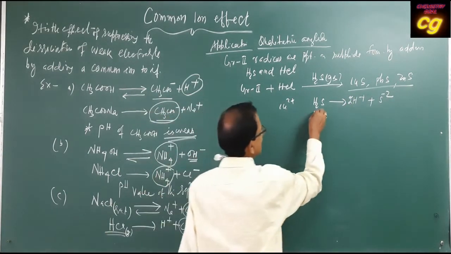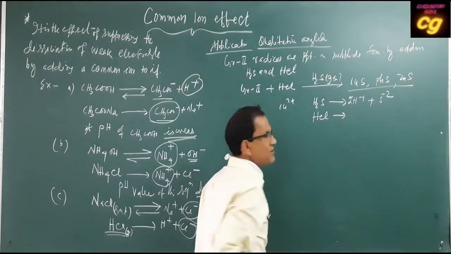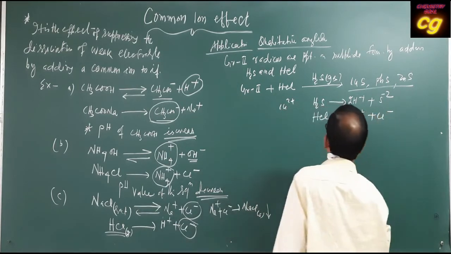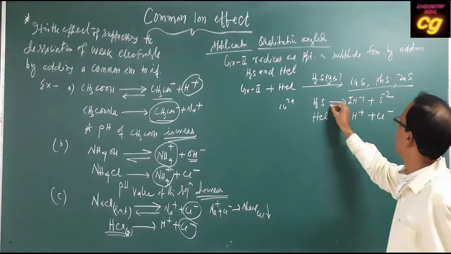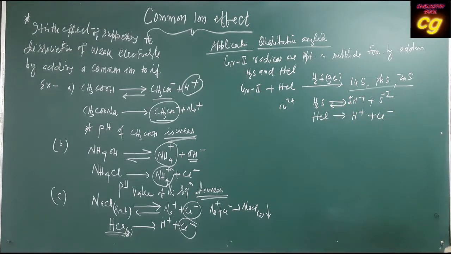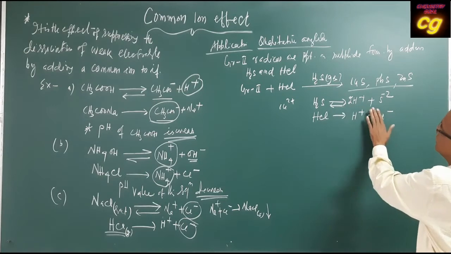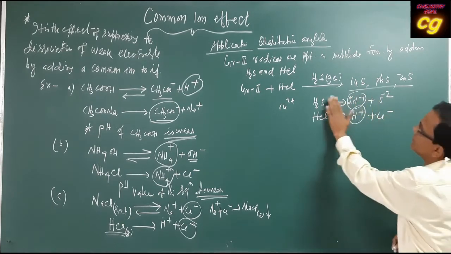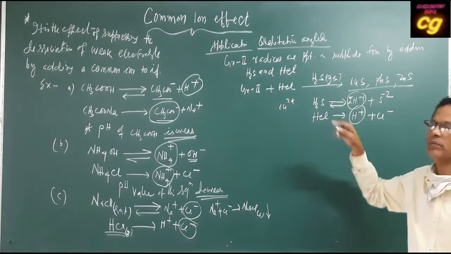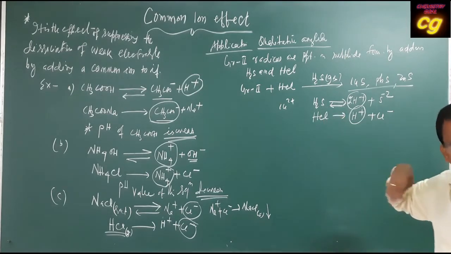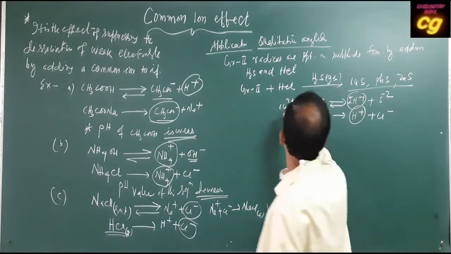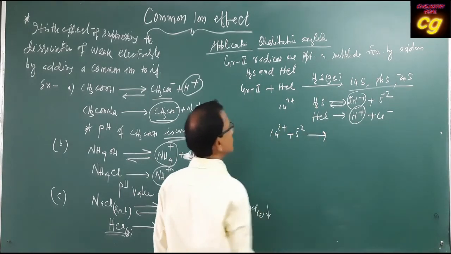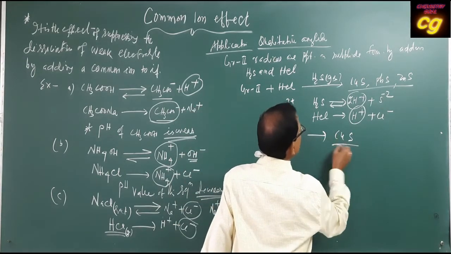But when you pass HCl, it produces H+ ion and Cl- ion. As H2S is maintained in equilibrium, as H+ ion concentration increases, the equilibrium shifts in the backward direction, forming H2S. Then copper ion combines with sulfide, forming copper sulfide as precipitate.